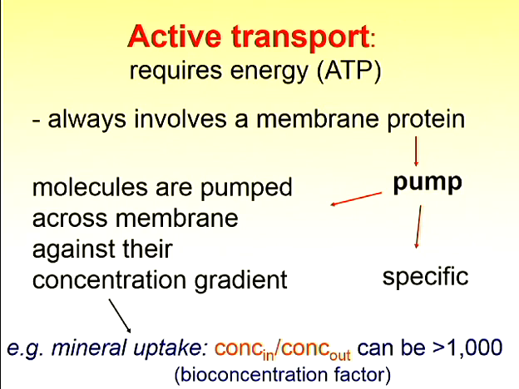Bioconcentration factor is the concentration inside the plant divided by the concentration outside the plant. So it's the degree to which the plant concentrates a certain element. So it's pretty impressive that a plant can concentrate something across the membrane 1,000-fold. That's a pretty strong pump and a pretty non-leaky storage mechanism.